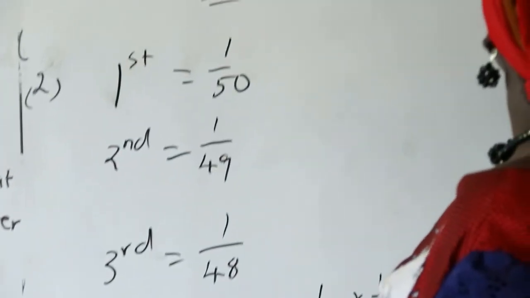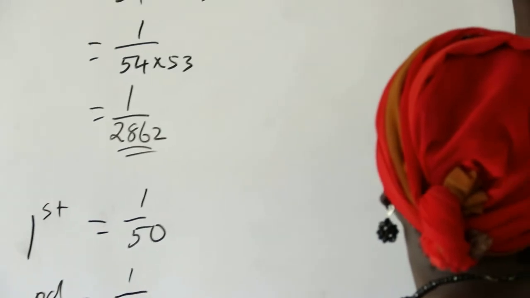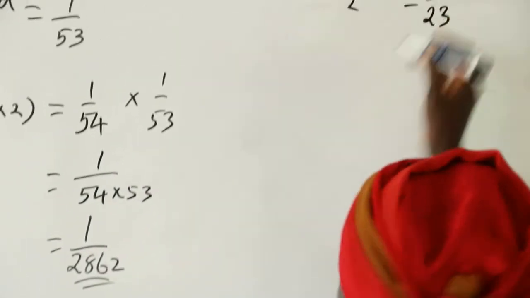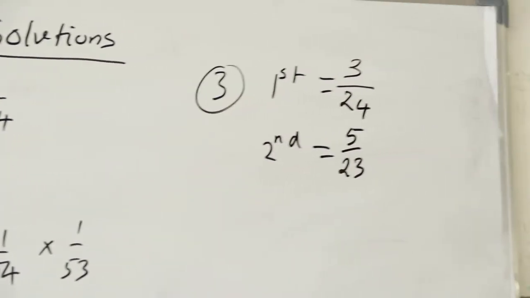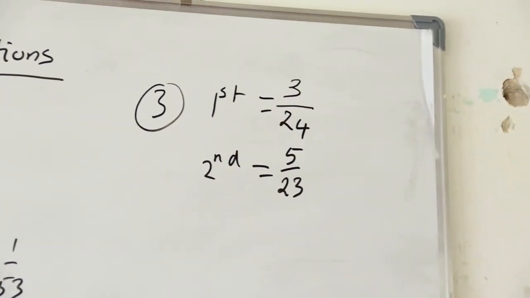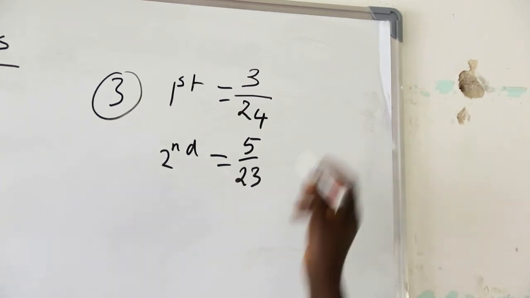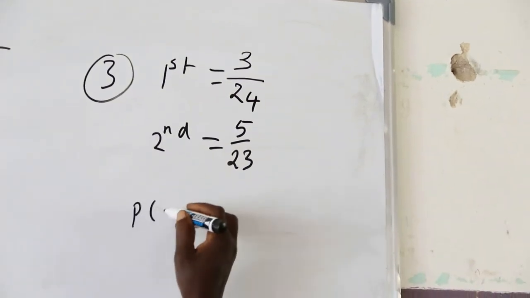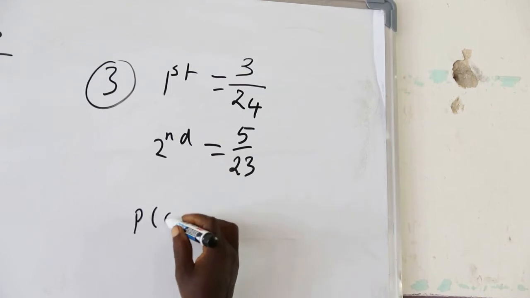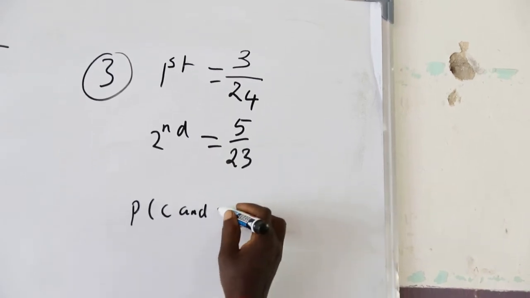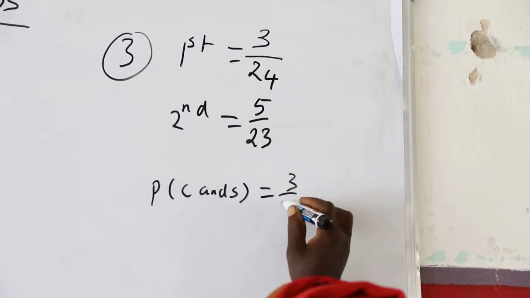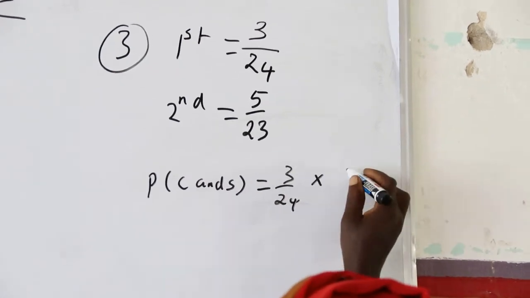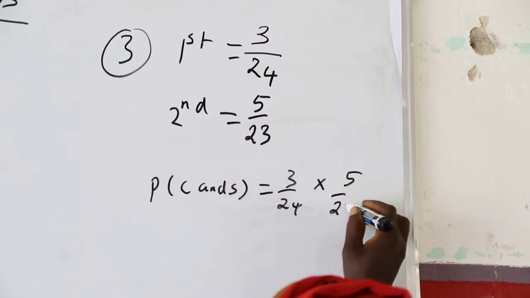5 of them. So it means we are going to have 5 over 23. Remember, we have removed 1. So the probability of getting a cup and a sprite is equal to 3 over 24 times 5 over 23.